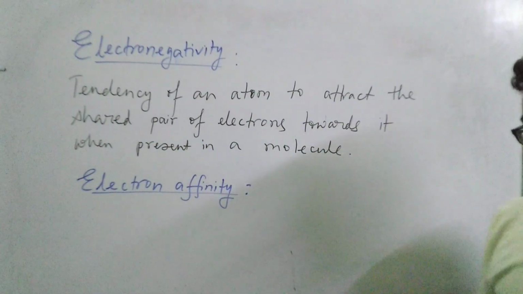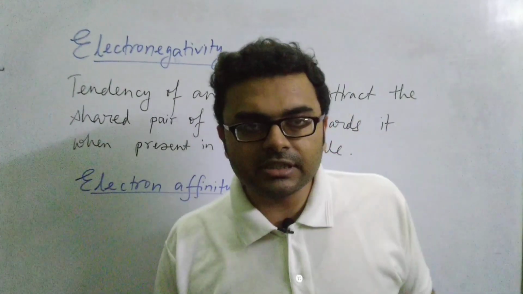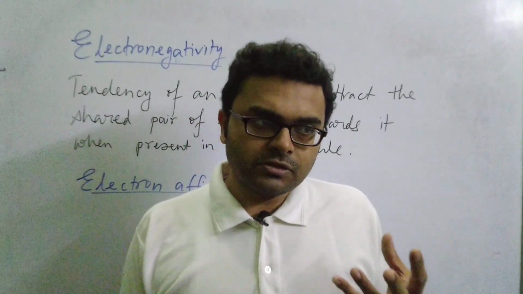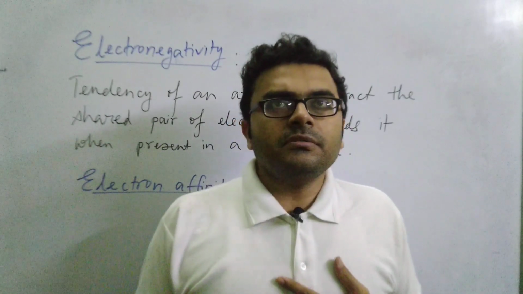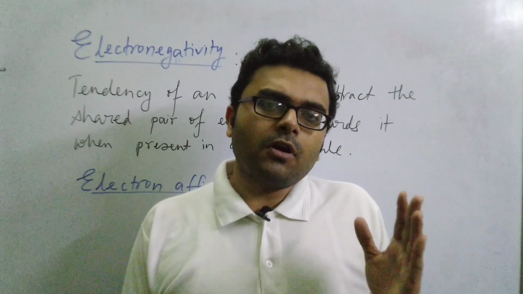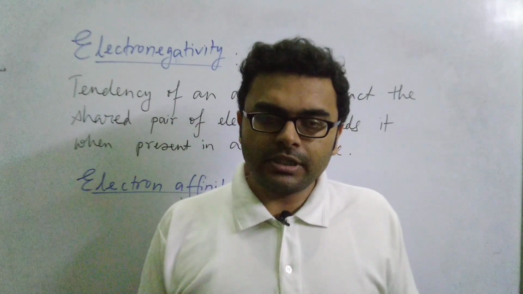Now, when an atom is in an isolated state, understand this, when an atom is in an isolated state and accepts an electron, it has been observed that when the atom accepts the electron, it has to give off or radiate out some of its energy.